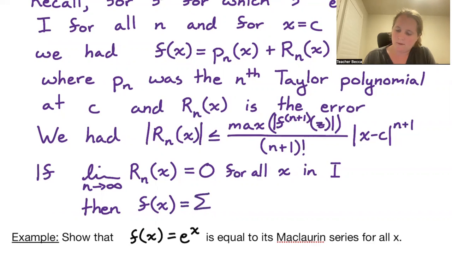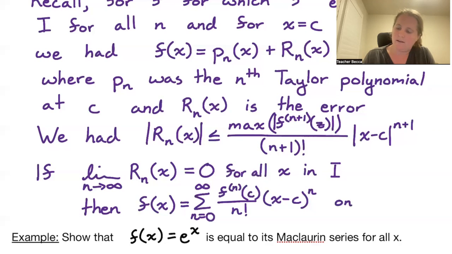So it equals the sum from n equals 0 to infinity of the nth derivative of f evaluated at c over n factorial times x minus c to the n on the interval I. So again, this idea I was mentioning previously, essentially, we just want the error to go to 0. If the error goes to 0, that must mean that the polynomials are approaching f, right? So if that error goes to 0, then our function is equal to its Taylor series.